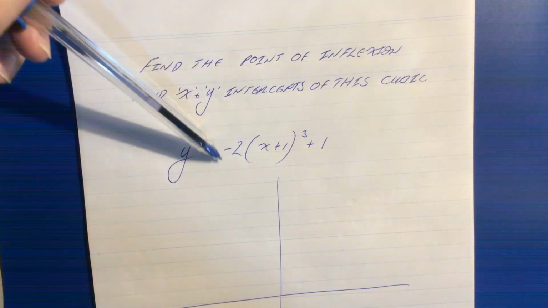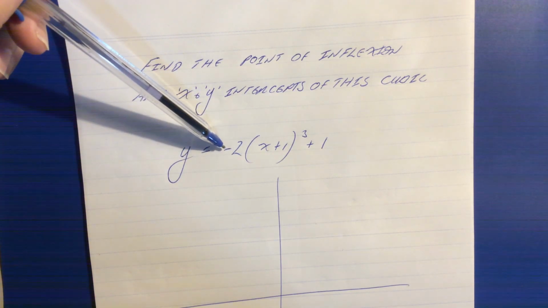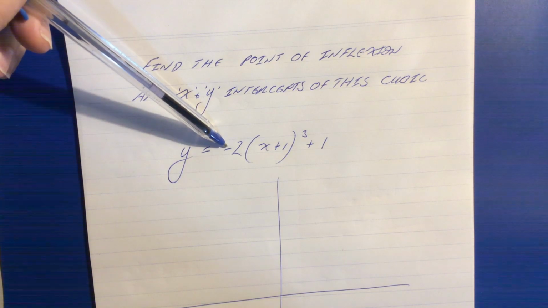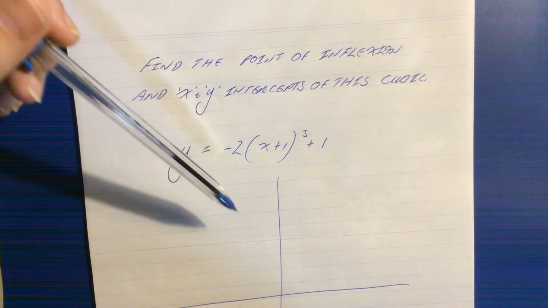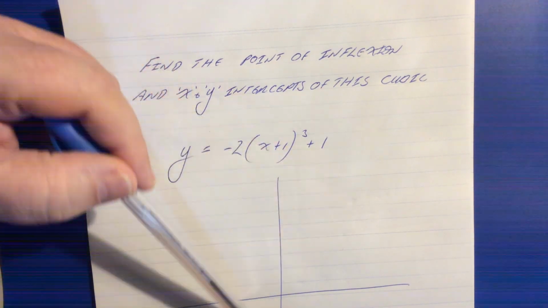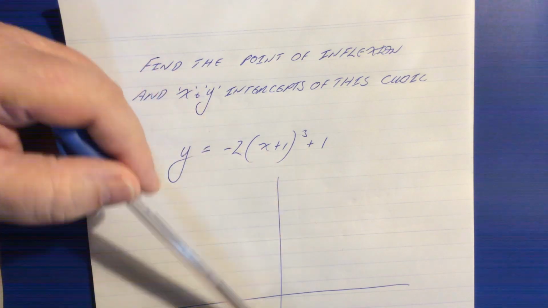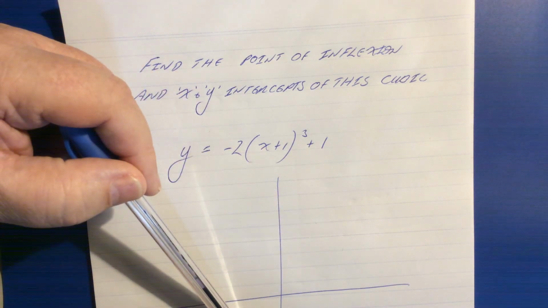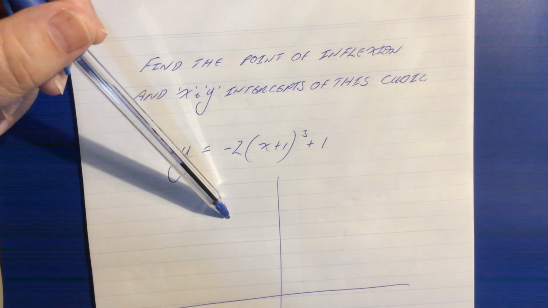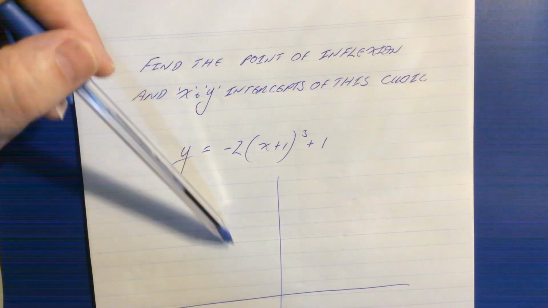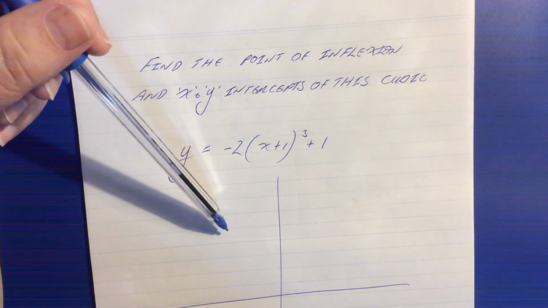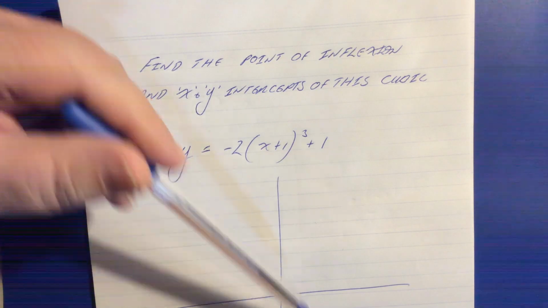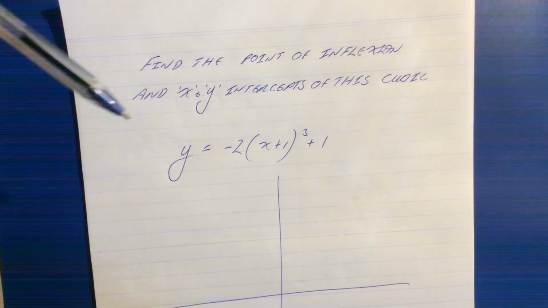Here we have a dilation factor of some description, plus this is negative, which means that instead of occupying these areas on the Cartesian plane, this is going to occupy these two areas, quadrant 2 and quadrant 4.